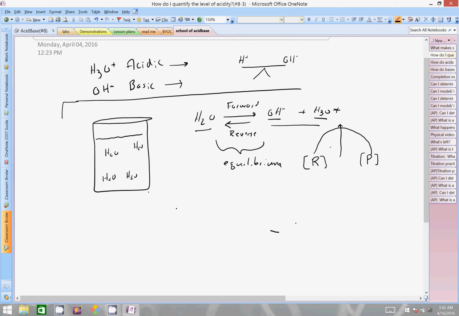But if you end up with more products at stalemate, then we would say product favored. Again, this is a lot of stuff that we'll be using later on in this chapter. And if you end up with more reactant, then you'd be called reactant favored.